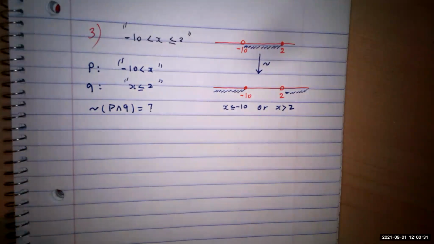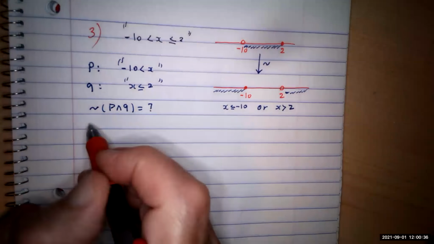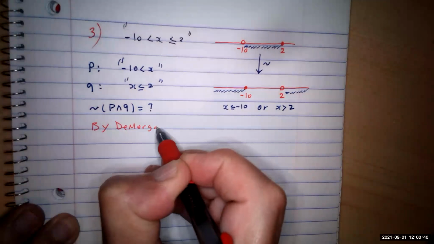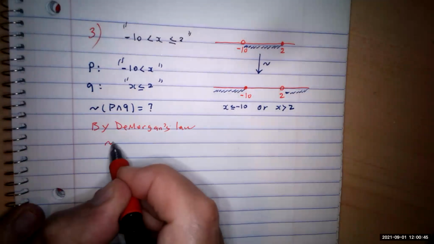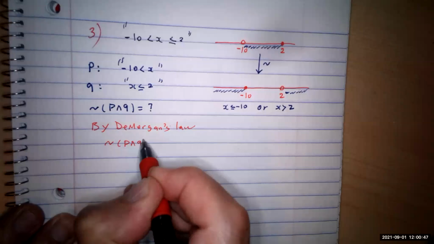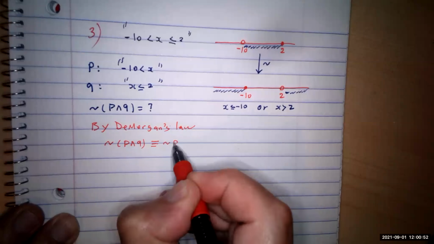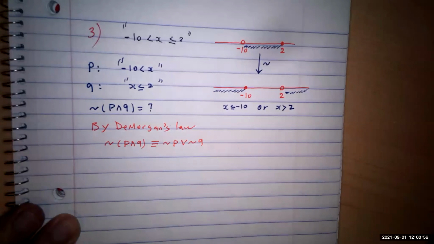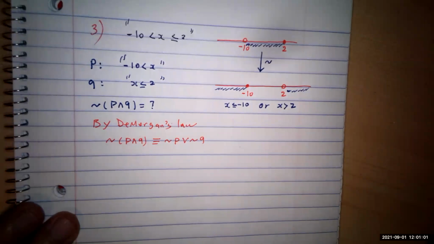Now we know this by De Morgan's law. The negation of P and Q is the same as the negation of P or the negation of Q. Now you translate it to the algebraic form, if you like.